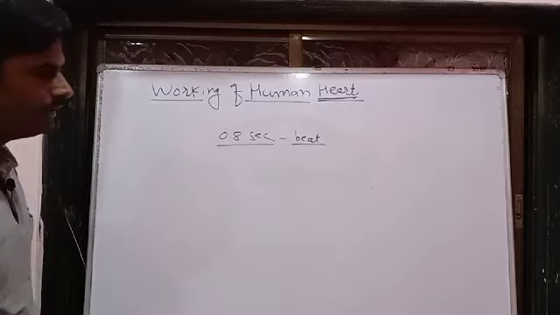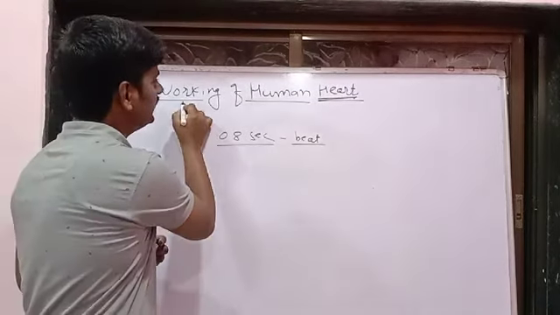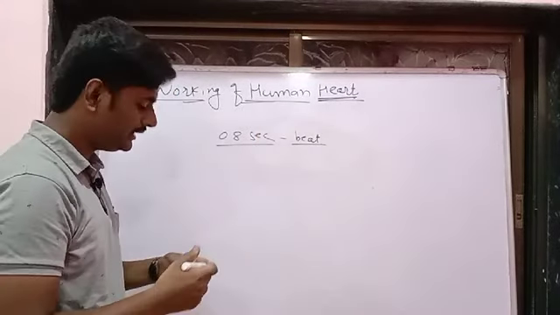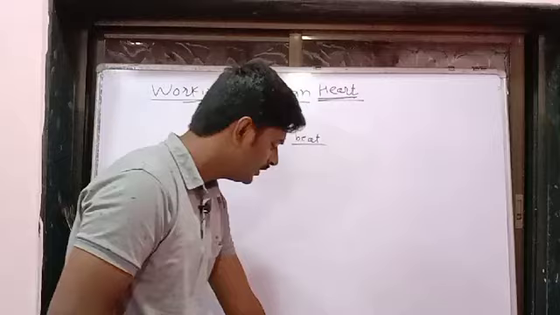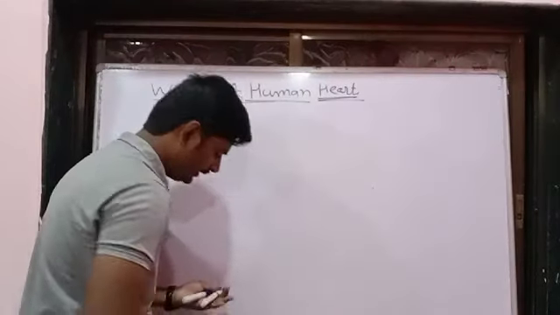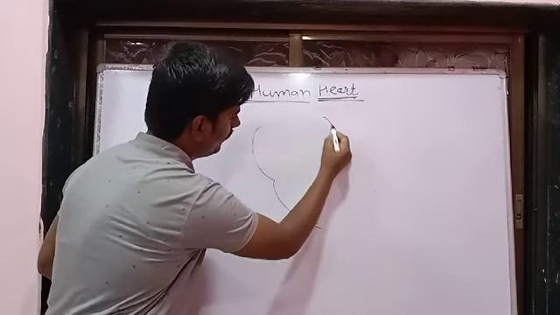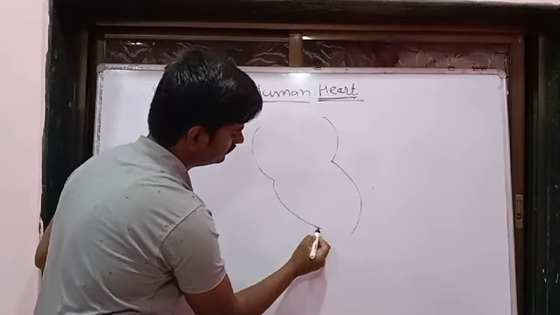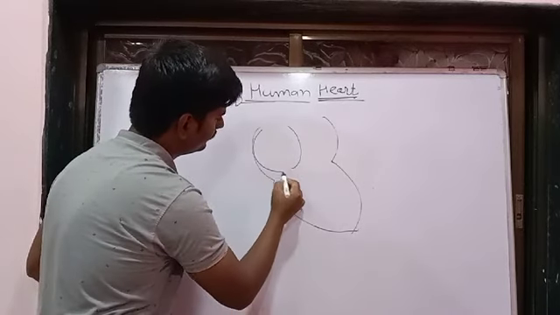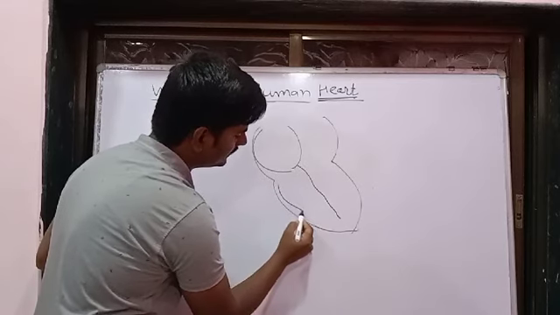In this way we have to calculate how the working of the human heart goes on inside the heart. It is very interesting. Look at this, what exactly happens here. When we draw a rough diagram of the heart, see, these are the auricles, and these auricles open into the ventricles.